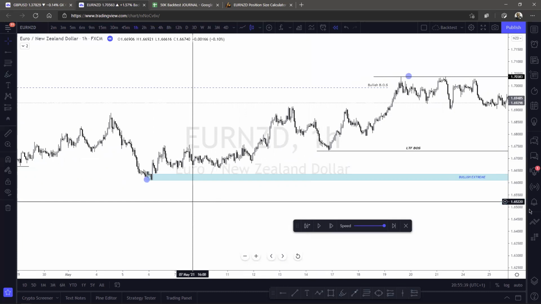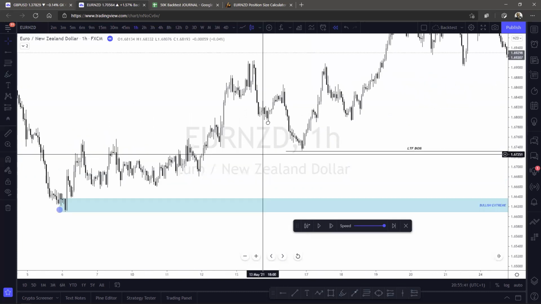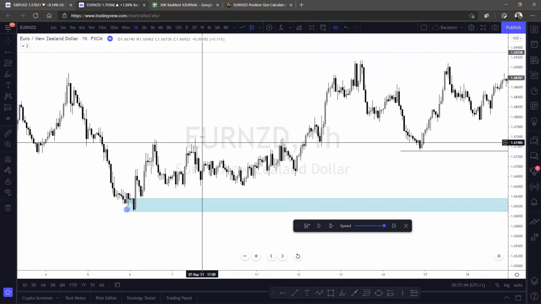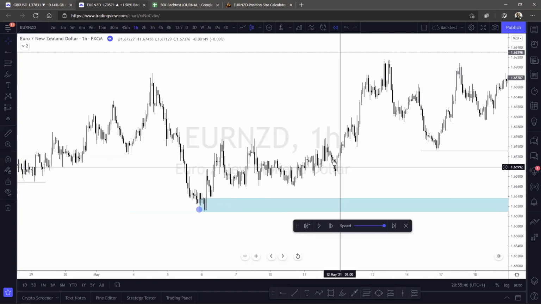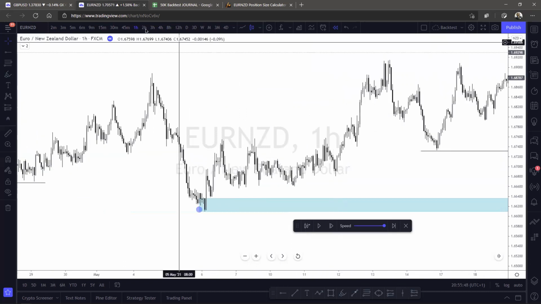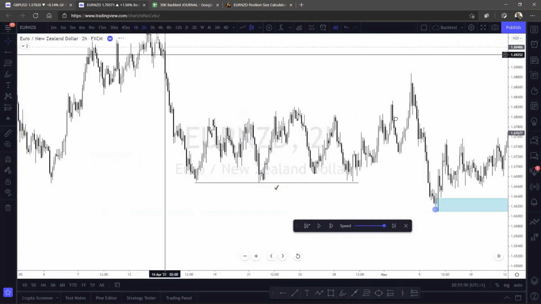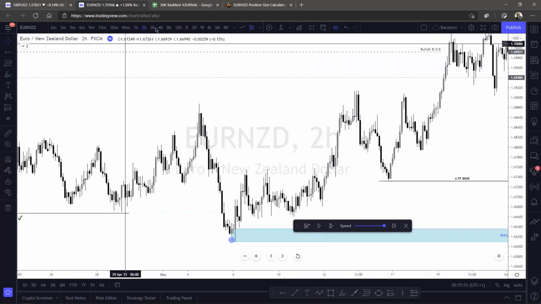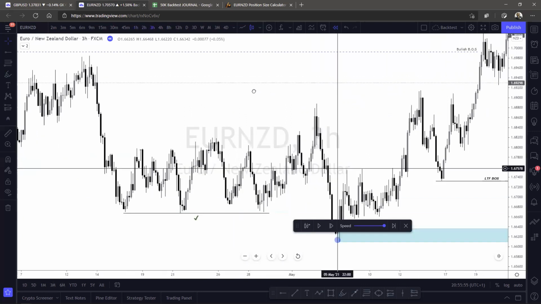Okay, maybe then, yeah, so we can see here price evenly traded, apart from obviously this was the last mitigation point. This candle here, I'm trying to find out what happened.